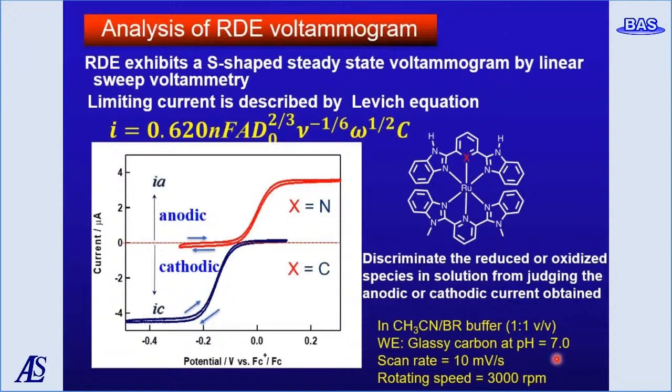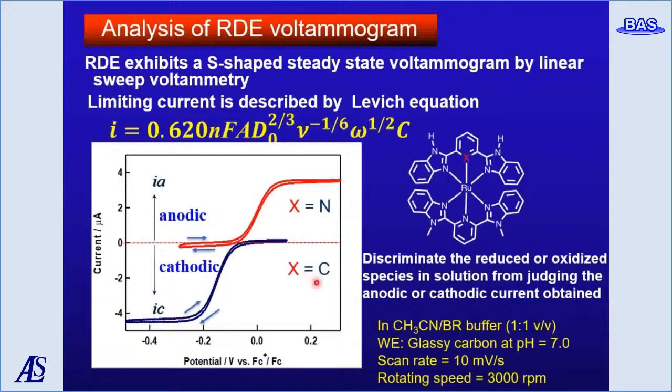In the case of the nitrogen atom coordinated complex, the red line RDE voltammogram gives the anodic current, which means the ruthenium-2 to ruthenium-3 oxidation takes place. On the other hand, the blue line for the ruthenium cyclometalated carbon complex gave cathodic current, which means reduction occurred.